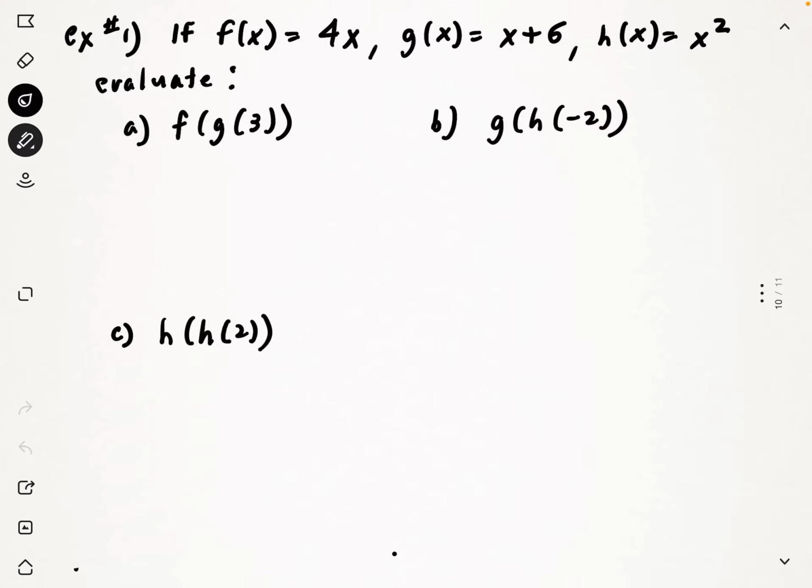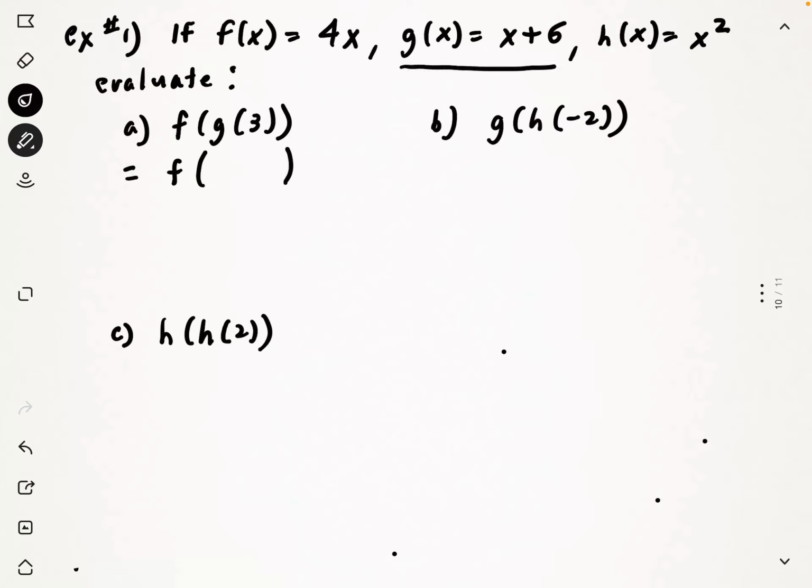So if you notice here, the first example says to evaluate f of g of 3. So the f you're going to leave alone right now, and you're just going to focus on getting the g of 3. And g of 3 means you are going to plug in 3 for x in the g function.